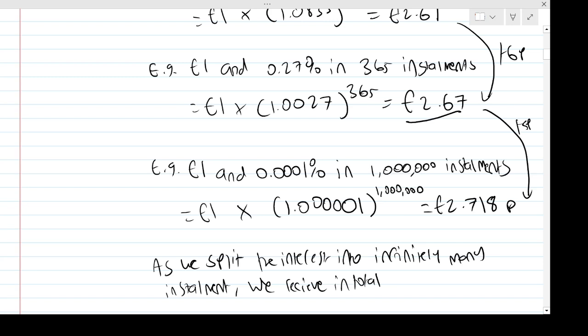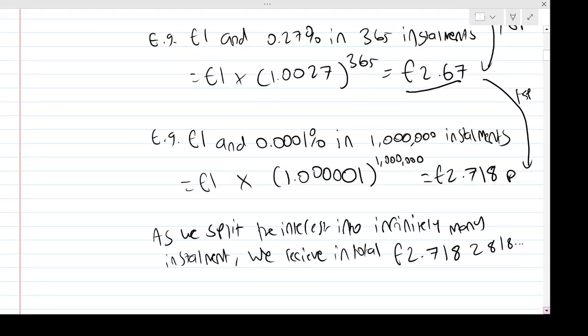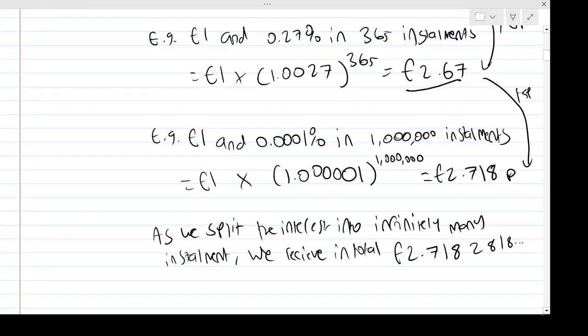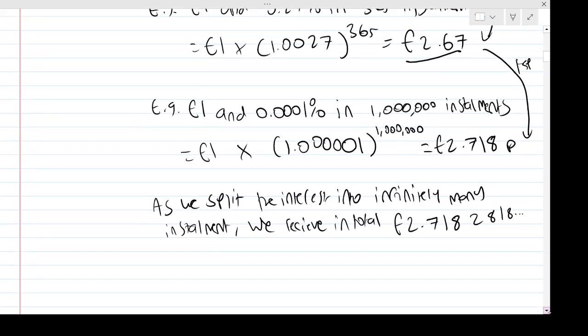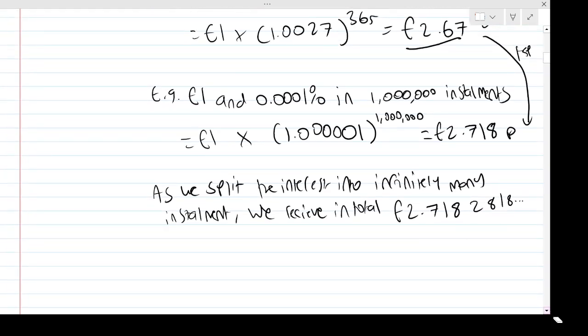We get 2.718. Well, that's the same here, but then 2.7182818 and so on, pounds, right? And I give it as a really large decimal. And so actually, this is e. We call this number e.